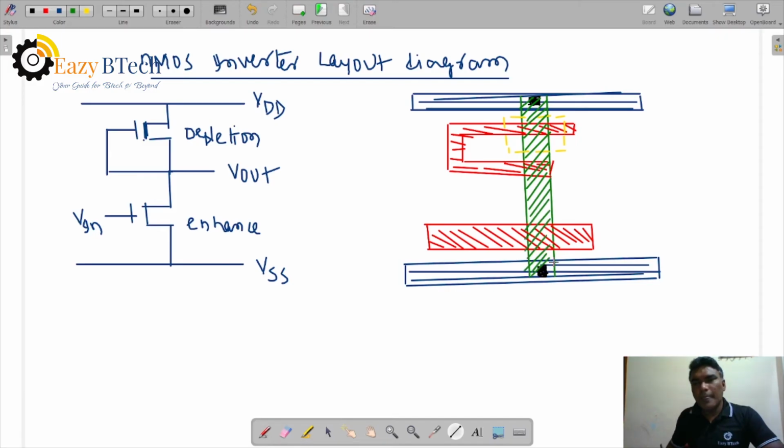And we have metal. Metal is the output terminal. Metal is a vertical line, and there is a polysilicon-metal interconnection point over there, and an interconnection point here also. You see this one more. Now this is VDD, dark blue.